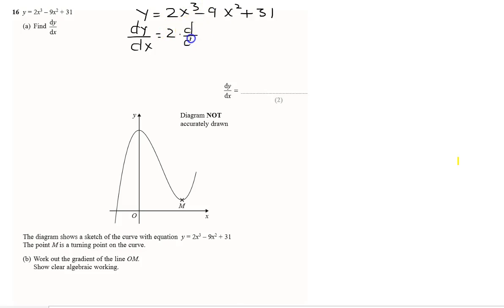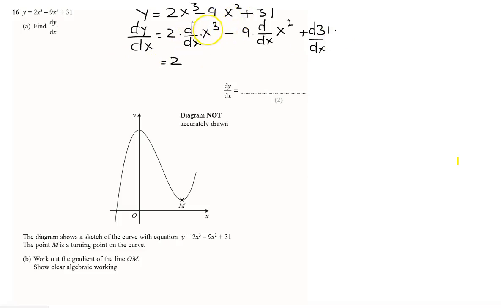Now d over dx of x cube, minus 9 is a constant. D over dx of x square, plus 31 is a constant. So its d over dx will be 0. So this is 2.